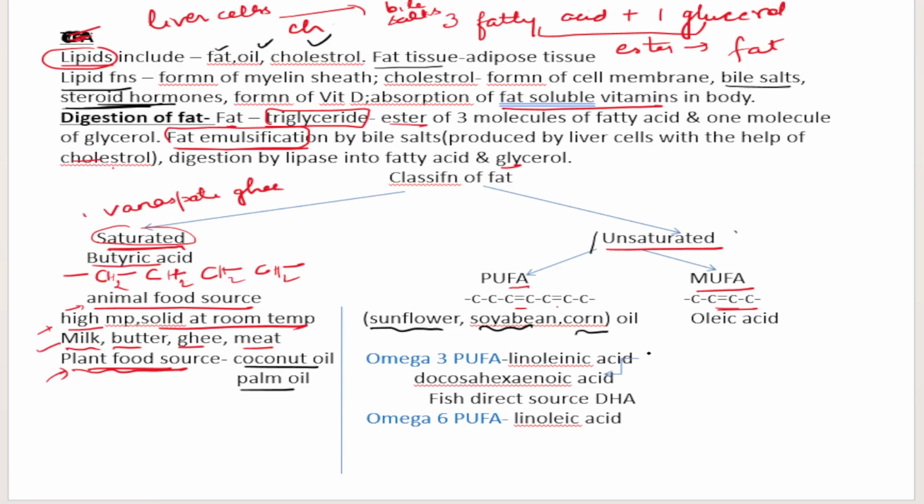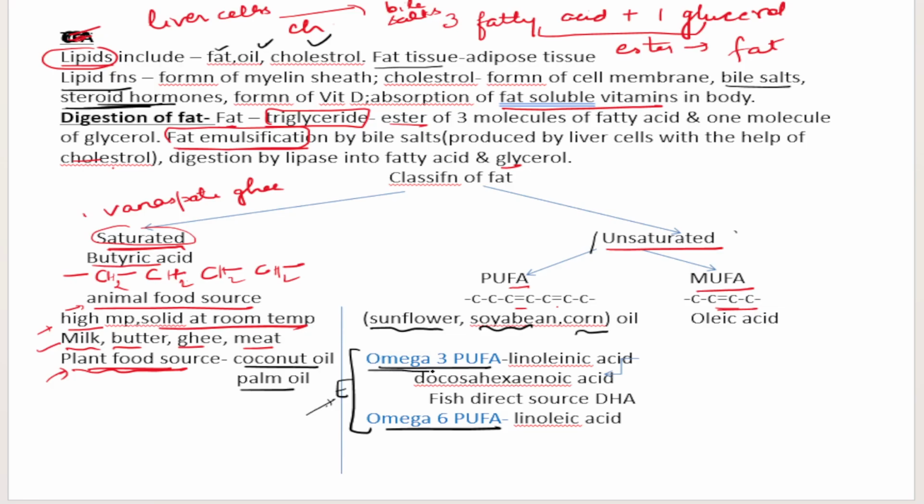Then there are certain essential polyunsaturated fatty acids. They are essential because they cannot be manufactured by our body, and we need to get them from an outside food source. These are two essential polyunsaturated fatty acids.